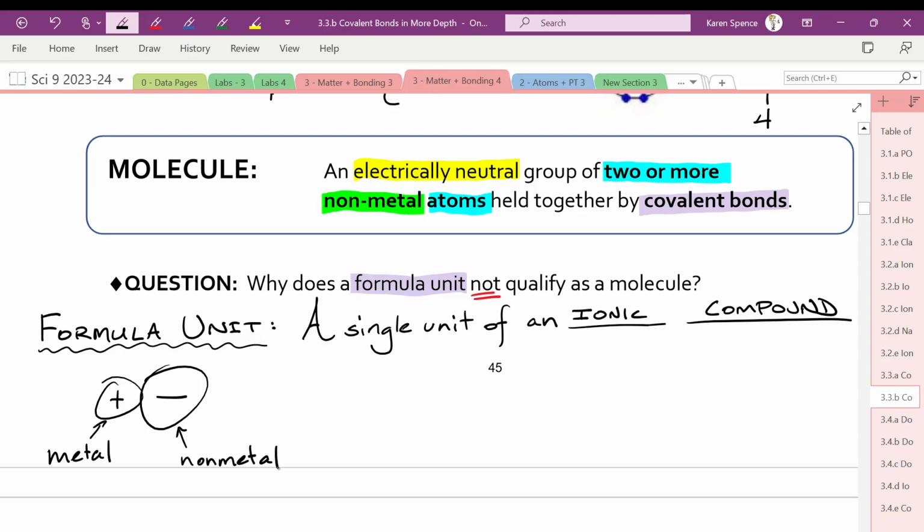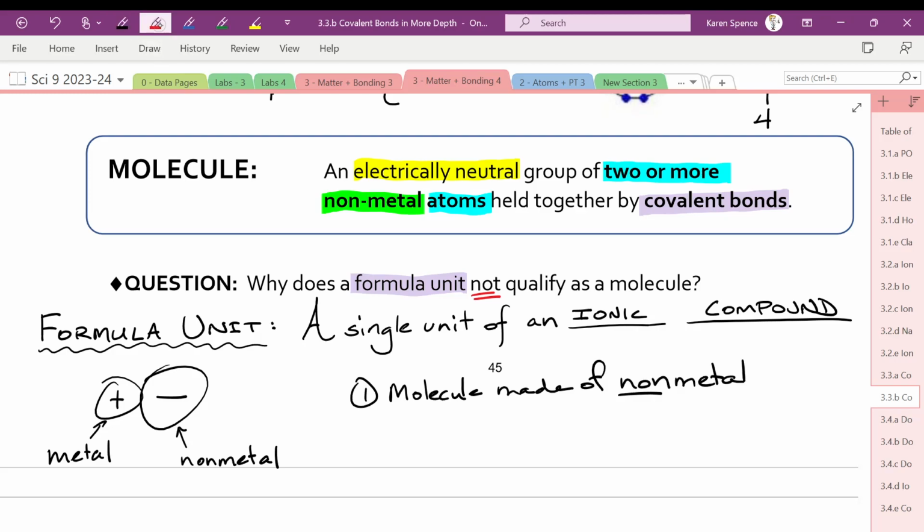So why is a formula unit not a molecule? Okay. Number one, a molecule is made of non-metals, and guess what we have here? We have a metal.